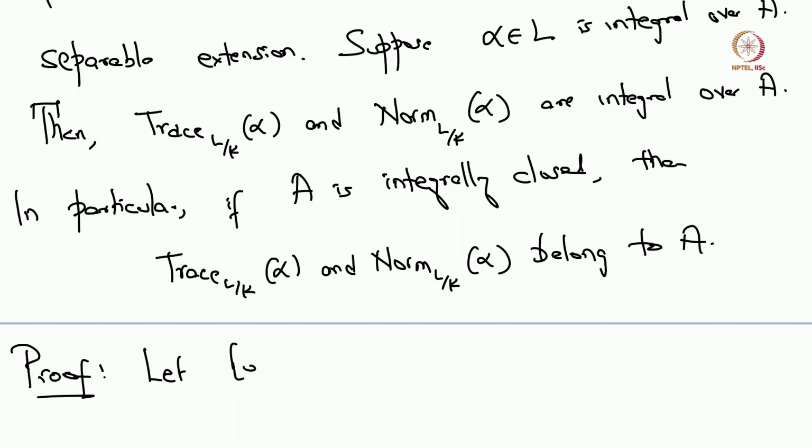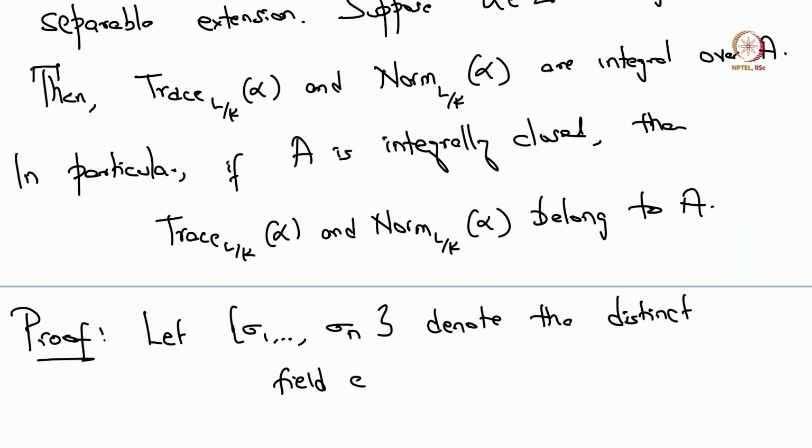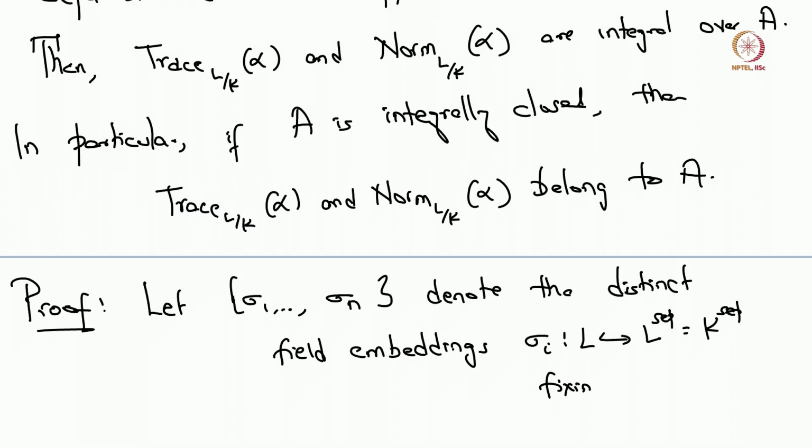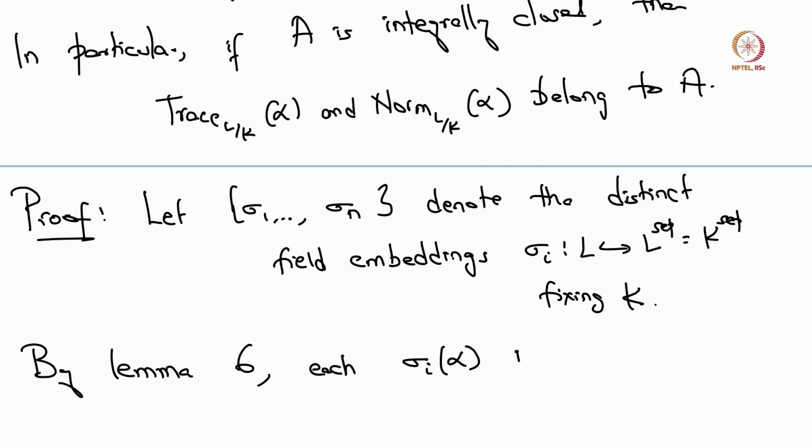So you take the distinct field embeddings sigma i from L into its separable closure, fixing K. By the previous lemma, each of the sigma alpha is integral over A.